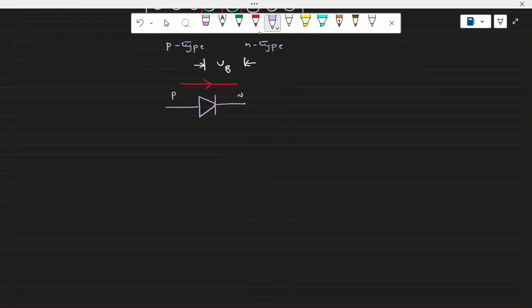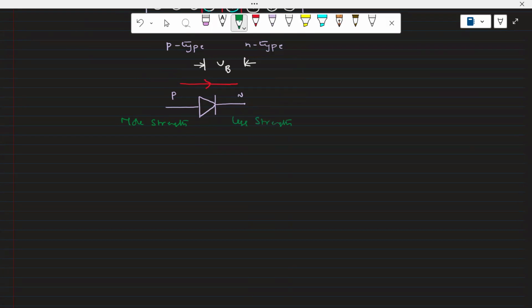We should say that if this side has more strength than the other side, then we can say that the diode is in forward bias.